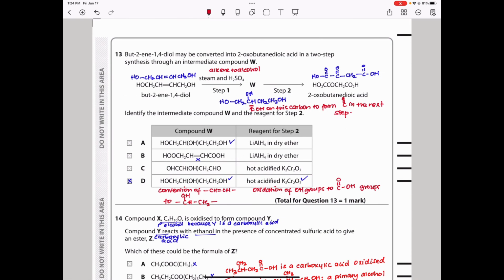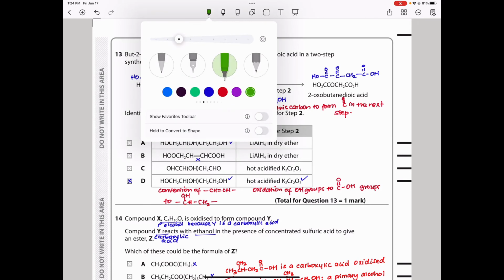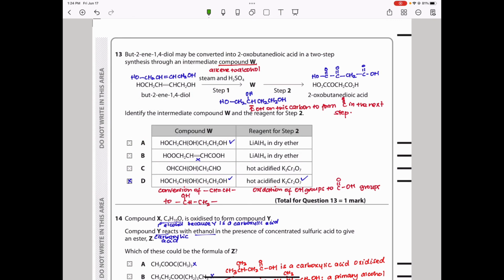Question 13 says, but-2-ene-1,4-diol may be converted into 2-oxobutanoic acid in a 2-step synthesis through an intermediate compound W. So they say, identify the intermediate W and the reagent for step 2. So here I will use a different marker. We know that here there is an alkene as well as alcohols on the other side.